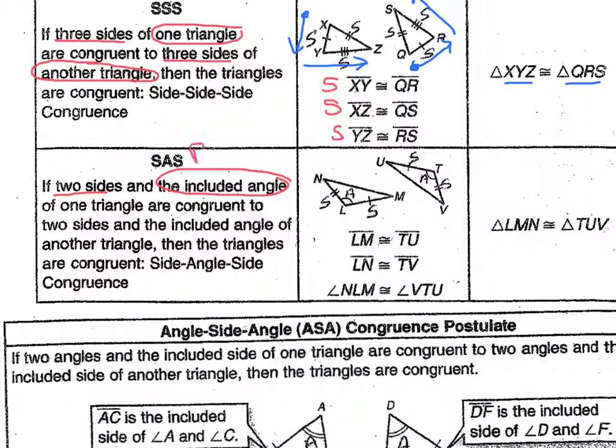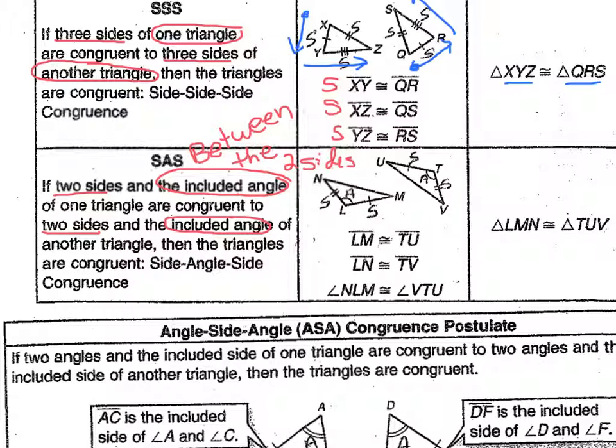Included means between the 2 sides. Okay, so if you have 2 sides and an included angle, by included angle, this is what they mean. They have 2 sides, and that included angle is between the 2 sides in one triangle, and they're congruent to 2 sides and the included angle of the other triangle.